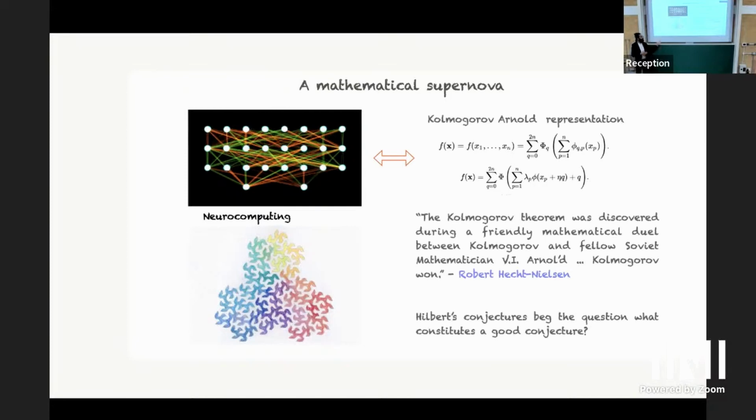So Hecht-Nielsen builds these networks. It's a 2-layer neural network that can exactly represent a multivariable real-valued function, and he calls them Kolmogorov mapping networks. Now, if you put this result in the context of modern deep learning, you realize the following.